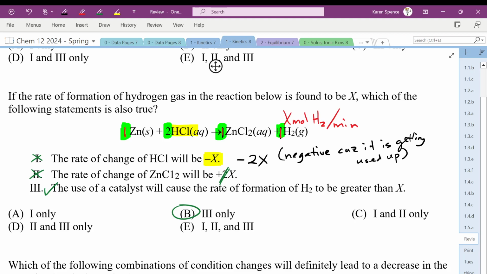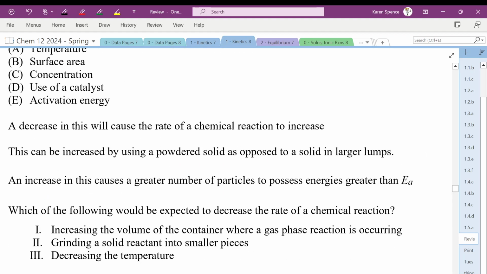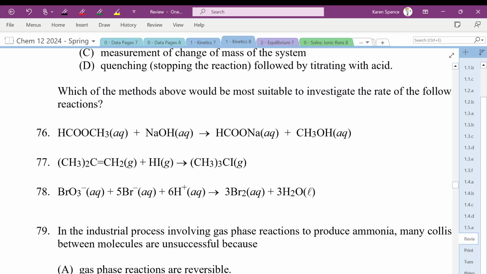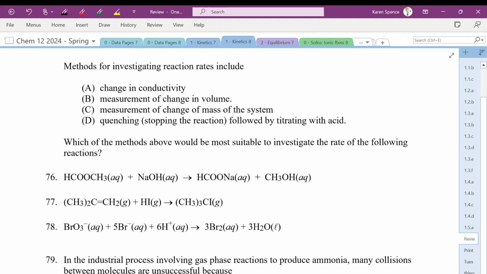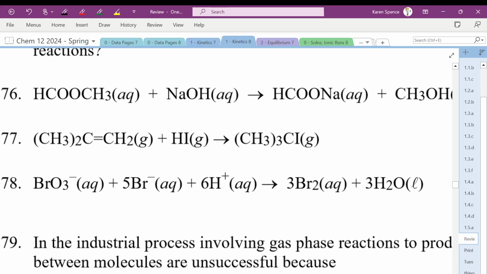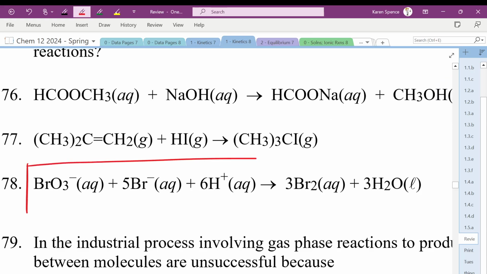Other questions? Yes. 78. Which of the methods above would be the most suitable to investigate the rate? So we want a method of measuring the rate of this reaction here.